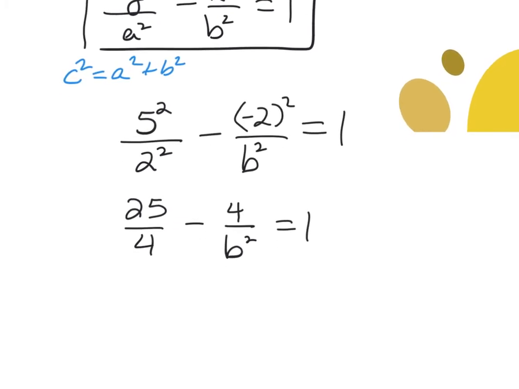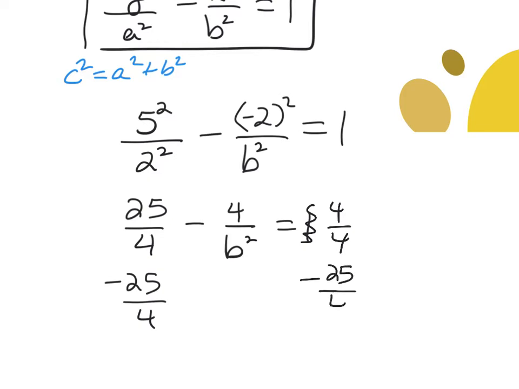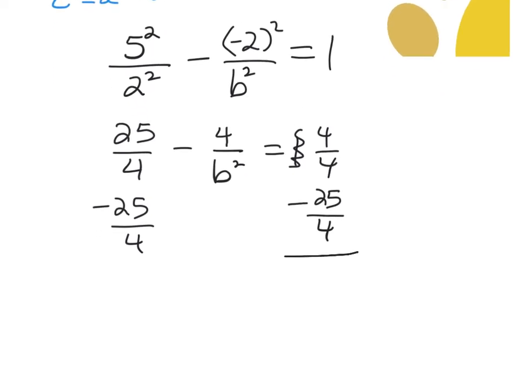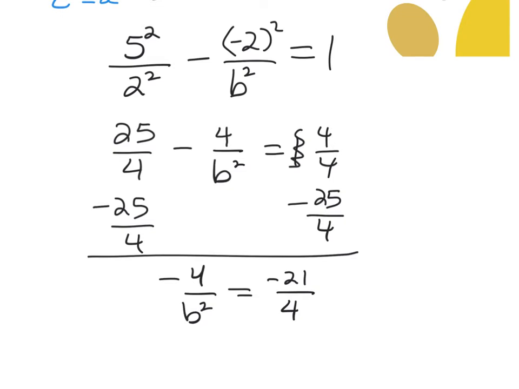Okay. I need to get b squared all by itself. So I'm going to change my whole number 1 into 4 over 4, because what I need to do here is move the 25 over 4 to the other side. Negative 4 over b squared equals negative 21 over 4.